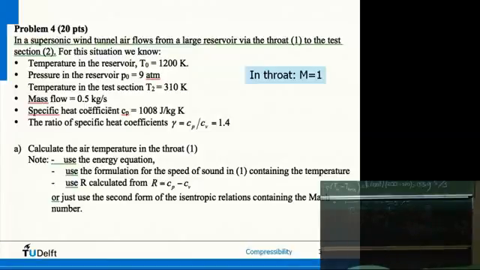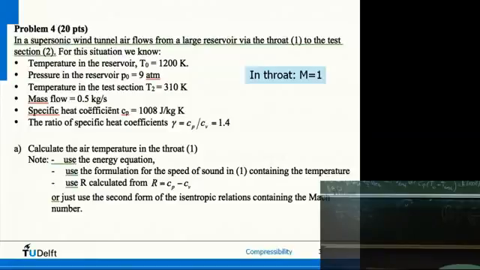So we know this one, rho 0, we know that one, and we know that one. Okay, so now it's just working our way through the equations. So this means that rho star is equal to rho 0 divided by T0 over T star to the power 1 over gamma minus 1.